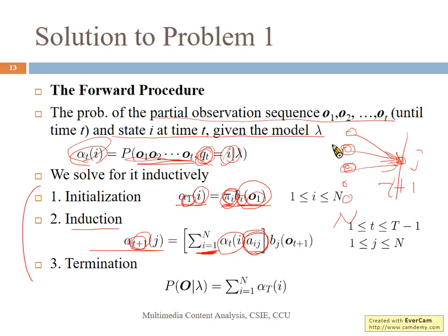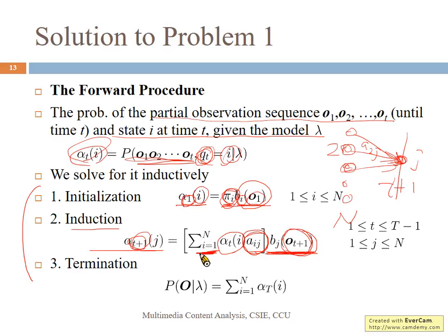For example, if we jump from state 2 to state j, we will multiply the transition probability a 2 j here, and then we jump to state j. Then we multiply by the observation probability b j, given that we observe o t plus 1.